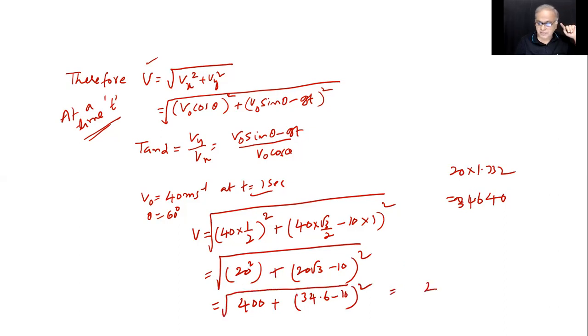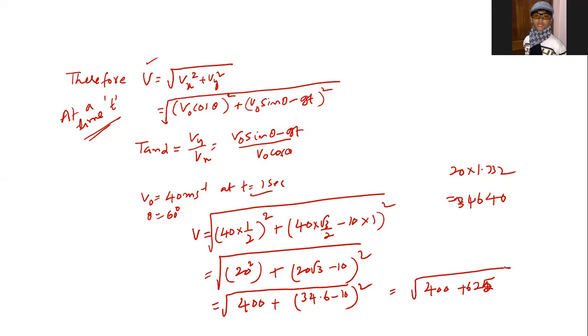So this will be 400 plus how much is this? 34.6 minus 10 is 24.6. Can I make it 25 approximately? So 25 square will be what? 625.